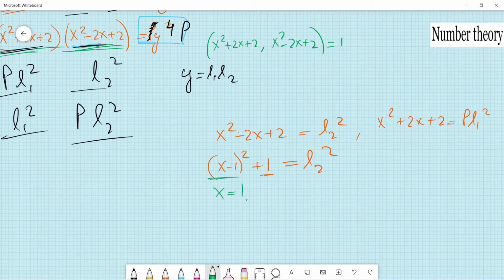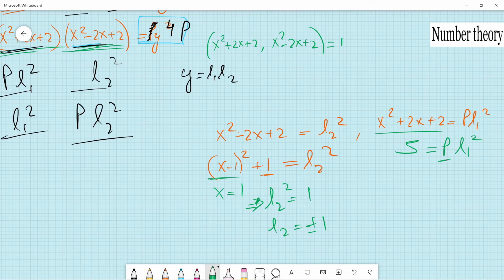So if x is 1, then this term will become 5. This p l1 square will become 5. And x is 1, we get l2 square is 1, so l2 is plus minus 1. And from here we get p l1 square is 5.